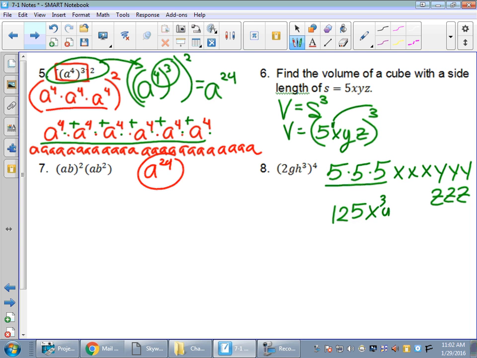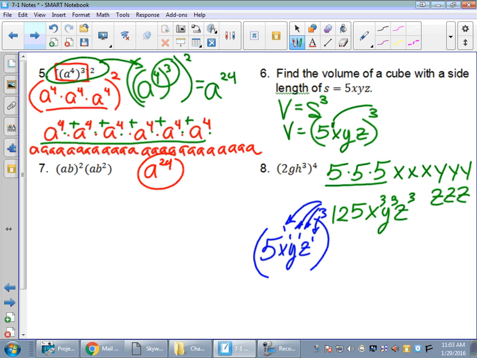X cubed, y cubed, z cubed. You cubed everything inside the parentheses. Now, if you use the rule, it just states I have 5xyz. Okay, they all have a power of 1 in here. So when you take the power of a product, you apply that power to every single term. And so I multiply every single exponent by 3.